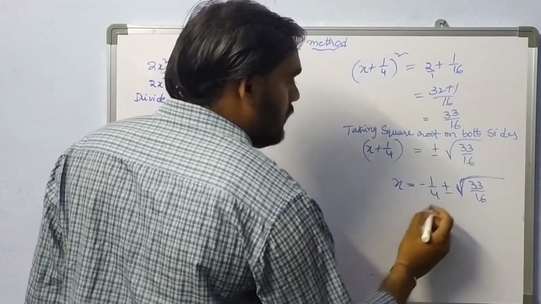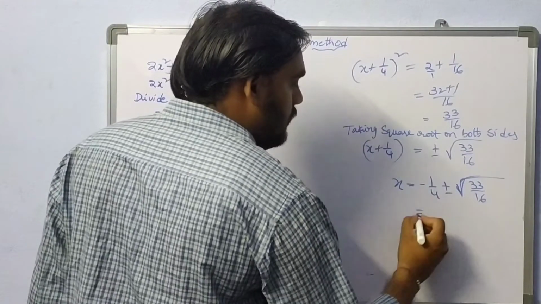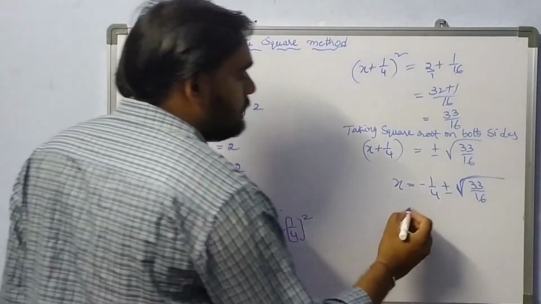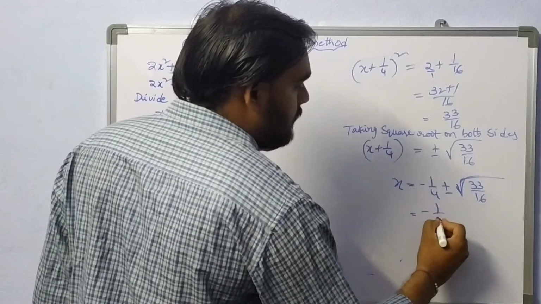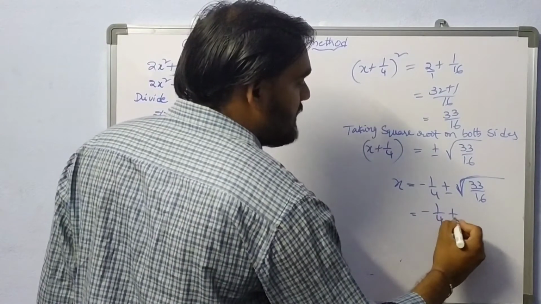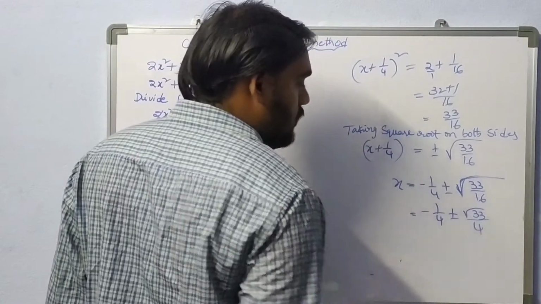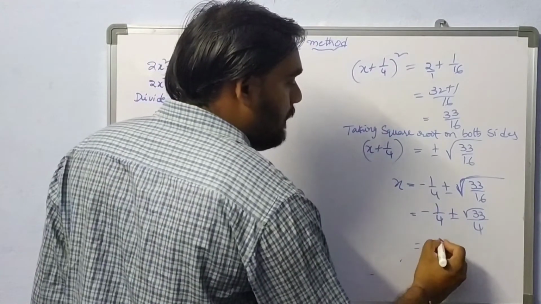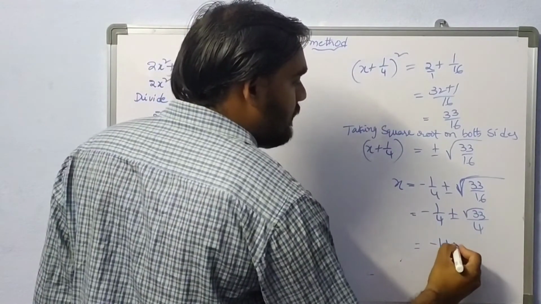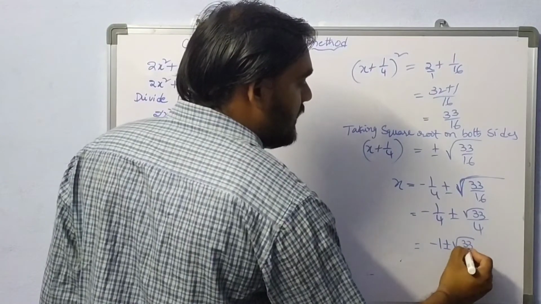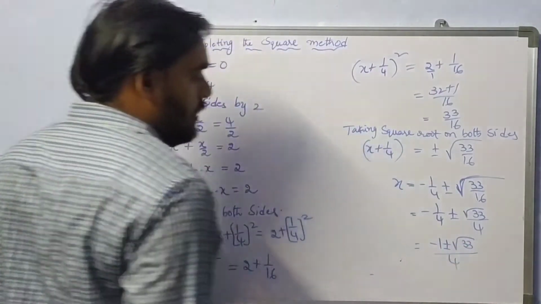So here, therefore the roots are, again we can simplify, minus 1 by 4 plus or minus root 33 by 4. So here we will get minus 1 plus or minus square root of 33 by 4.